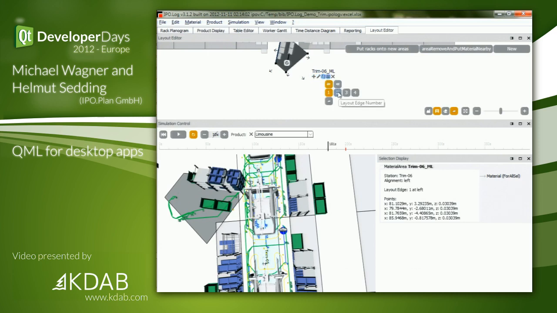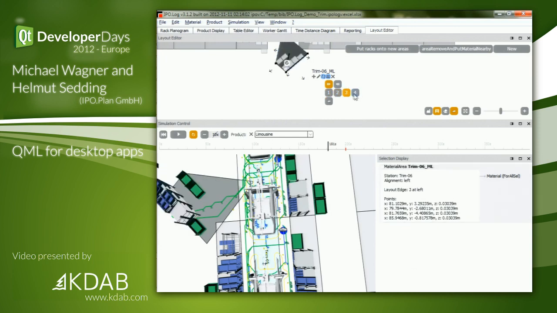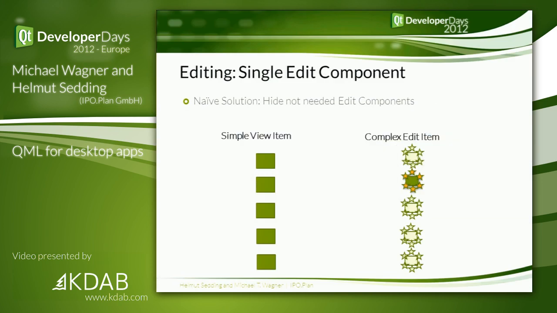For example, if I change the edge of the layouting, you see all the areas instantly moving to the other position. We want to be able to do that. And the naive solution would be to provide every area with an edit object in QML as well. And if it's not selected, we simply hide it, so it's not visible and we can't edit anything.